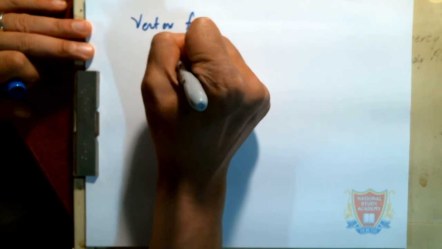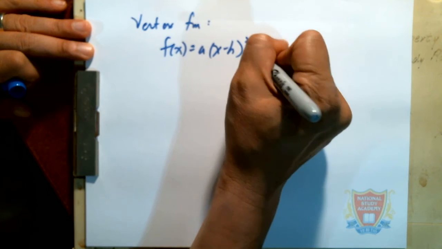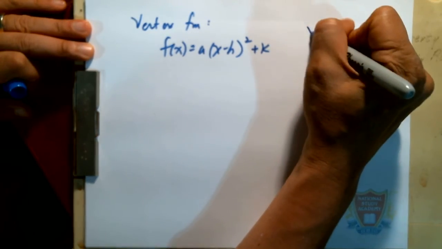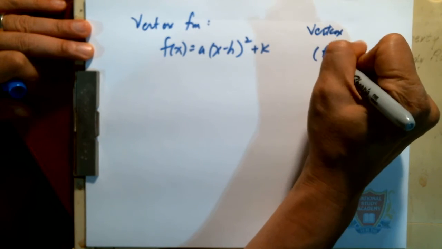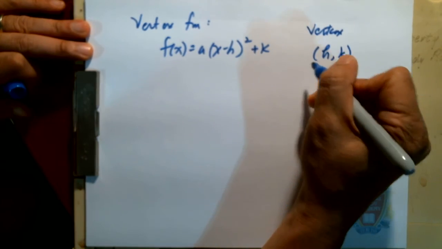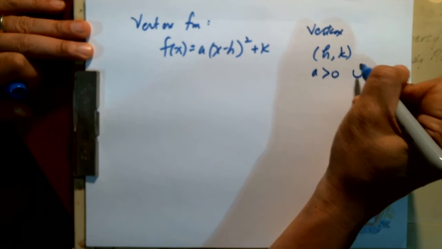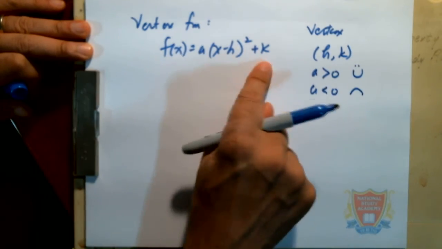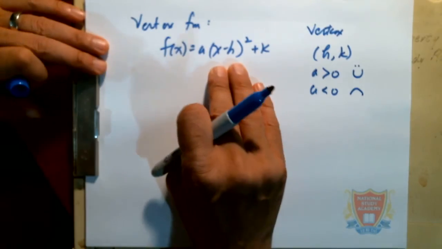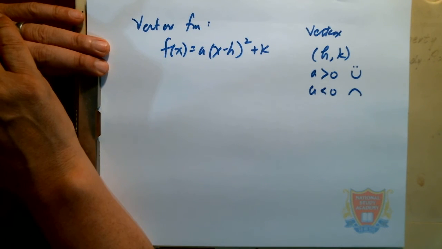It is f of x is equal to a times x minus h squared plus k, where your vertex is at h comma k. When a is greater than 0, it's going to be a smiley face. When a is less than 0, it's going to be a frown. And that's it. That is your vertex form. So we created the vertex form of the parabola.